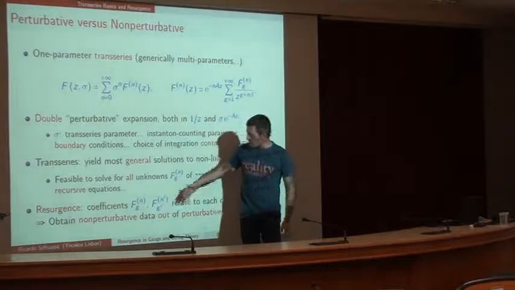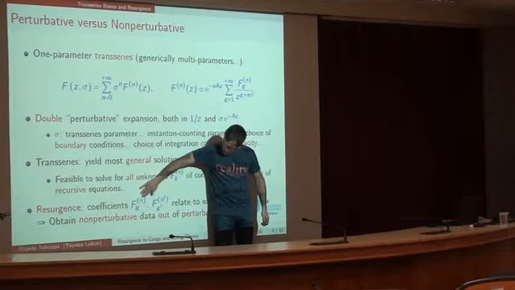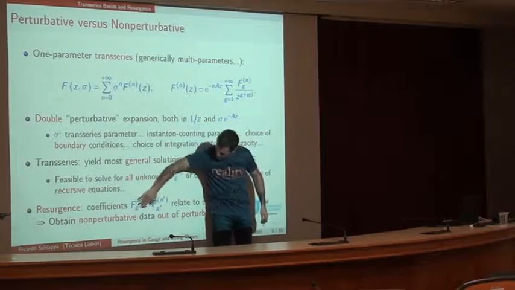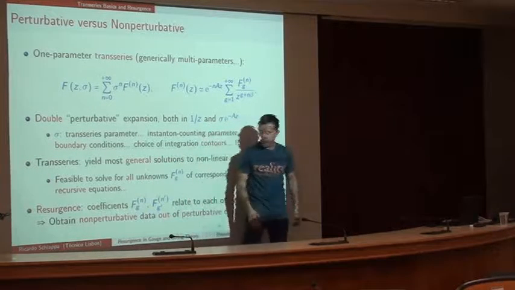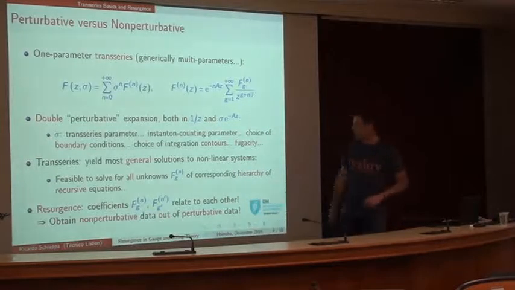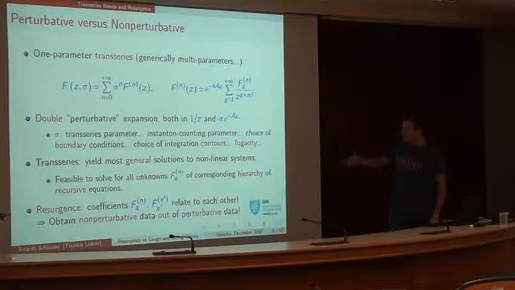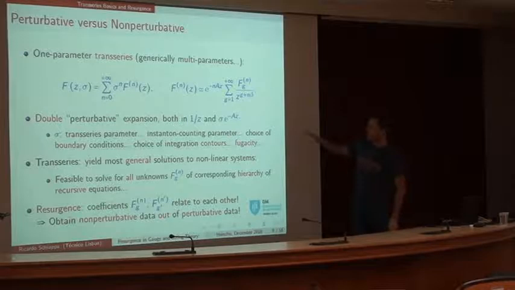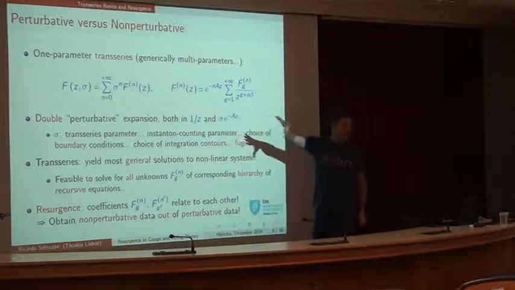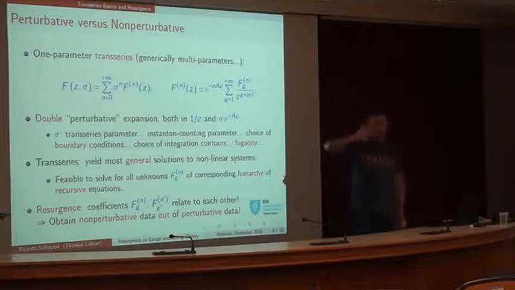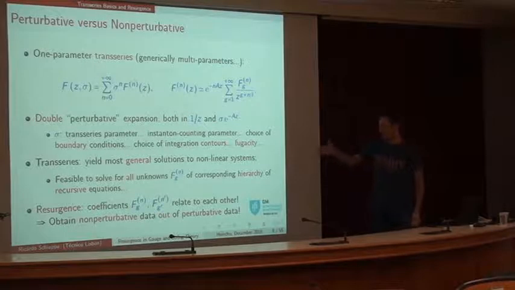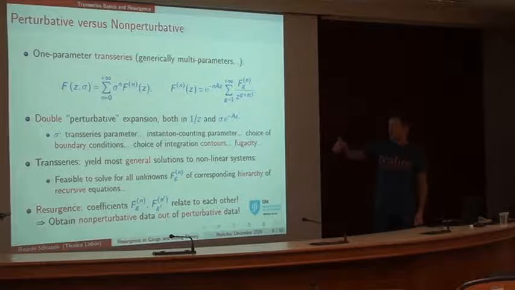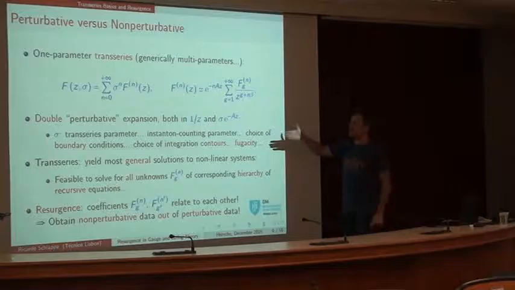What does that mean? That means that different instanton sectors at different loop levels are related to each other in a very intricate way, which in particular will tell you that if I know one sector, I may know any other or all others, and in particular, if I know the full perturbative sector, I can extract the full non-perturbative data out of it.